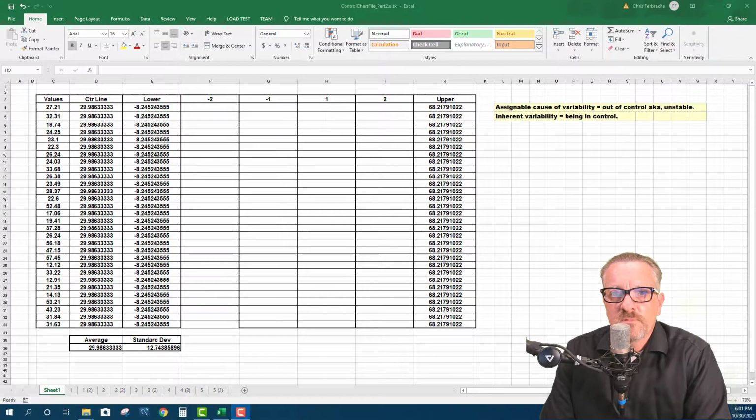Now, normally if you do this and you're not just doing this to learn the ins and outs of how this works, you would want to use a table to get a standardized standard deviation. Otherwise, what we're doing is using the standard deviation from the data. And so as the data becomes more dispersed, the standard deviation goes up, which means our control lines would broaden.